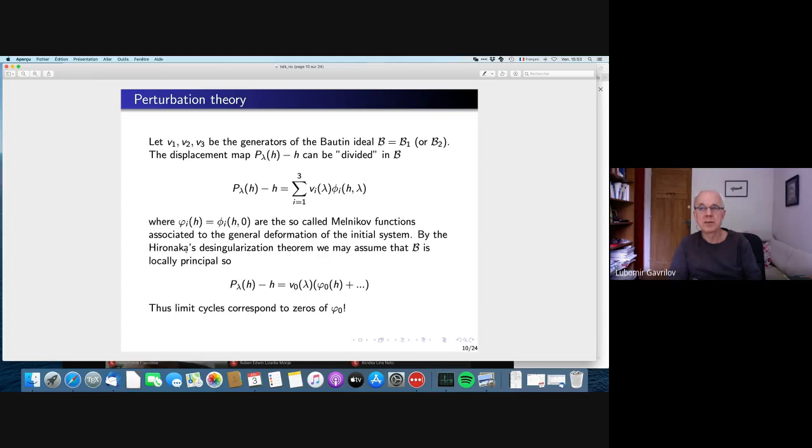What does infinite codimension mean? Finite codimension, for instance, take a polynomial in one variable, say x squared. When you perturb this analytically, we shall still have two zeros, two roots of these analytic functions close to zero. You say that the multiplicity of 0 is 2, or the codimension of this polynomial is 2 in the set of all analytic functions.